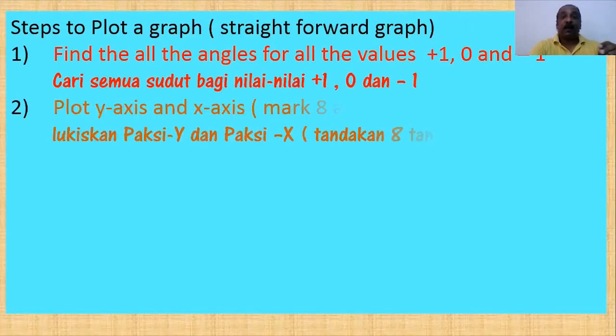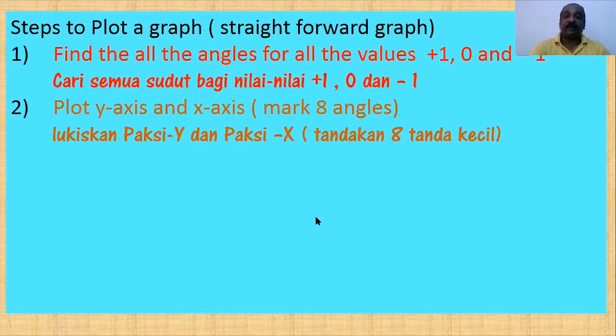After that, plot the y-axis and x-axis. On my x-axis, I will make 8 small marks representing the angles 90, 180, 270 and 360, skipping one in between. So we have 8 marked lines on the x-axis. Then on the y-axis, the maximum value and the minimum value. Mark all this.